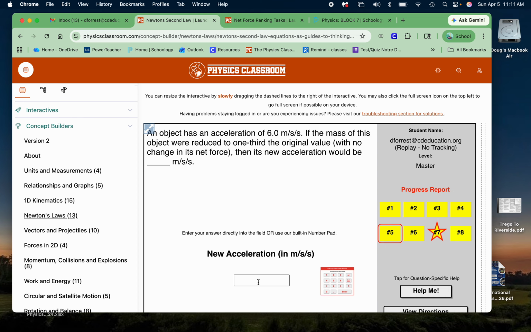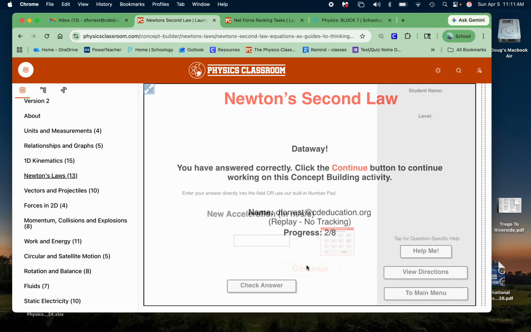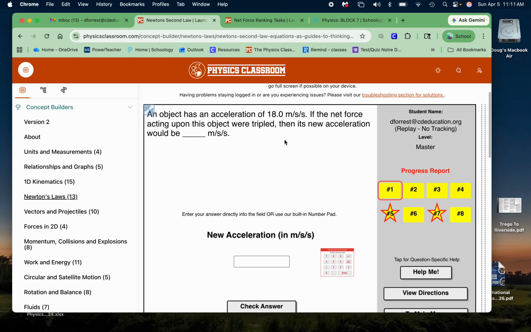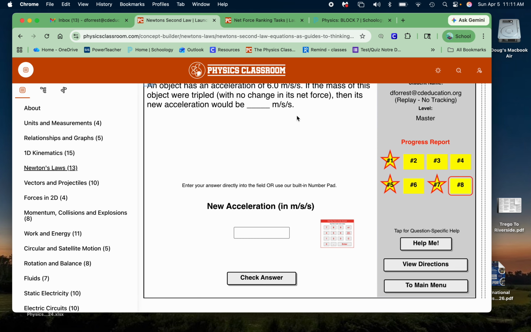So 6 divided by 1/3 is 6 times 3, so that would be 18. Let's check if there's one here with force. So if the force is tripled and there's no change in mass, then acceleration is force over mass, so 3 times the force is 3 times the acceleration. That'd be 54.